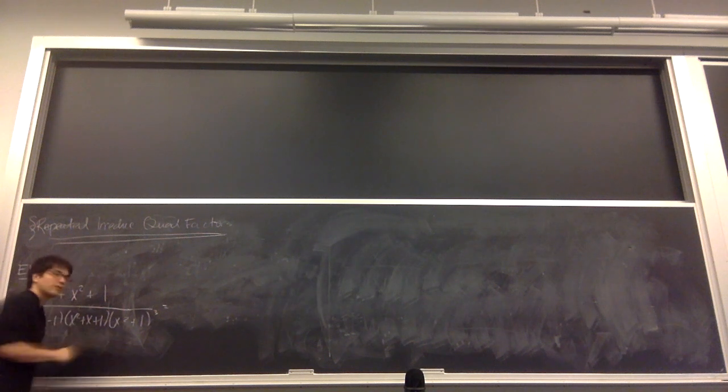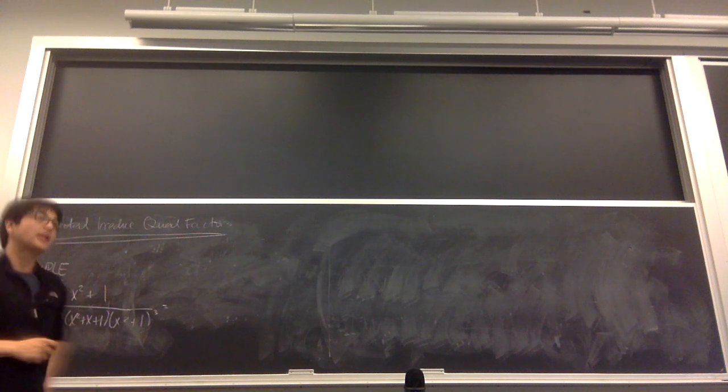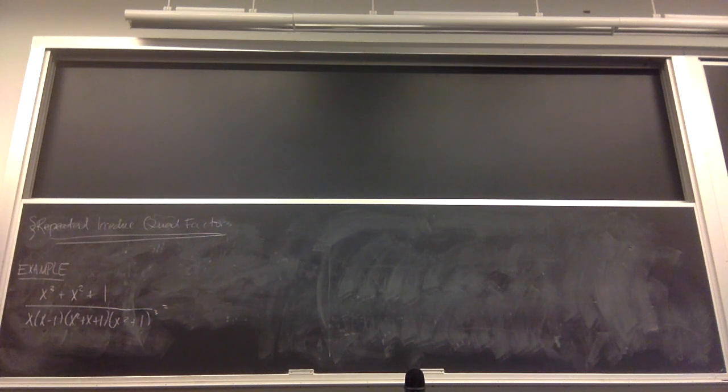So what do we see here? Well, the degree of the bottom is going to be 1, 2, 4, 6. Degree of the top is 3, so this is a proper fraction. We don't have to synthetically divide. I see a non-repeated linear term, a non-repeated quadratic irreducible, and a repeated quadratic irreducible. Sorry, I just can't see the last term of the denominator. x squared plus 1 cubed.